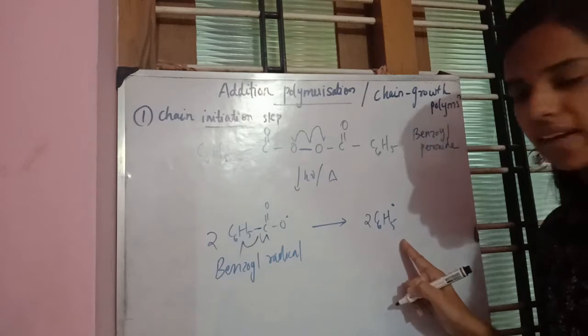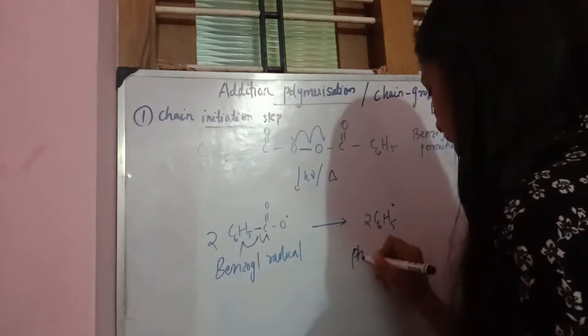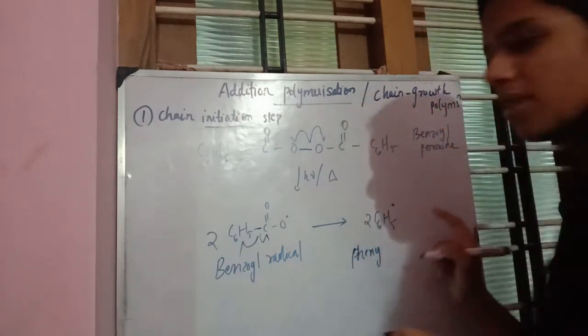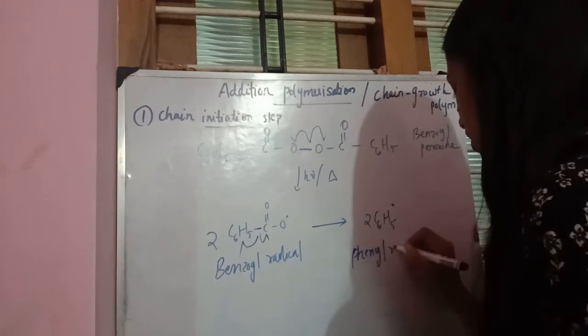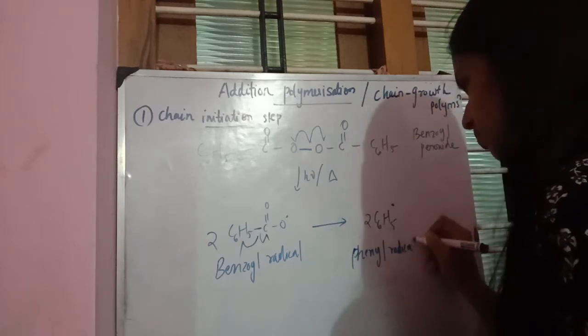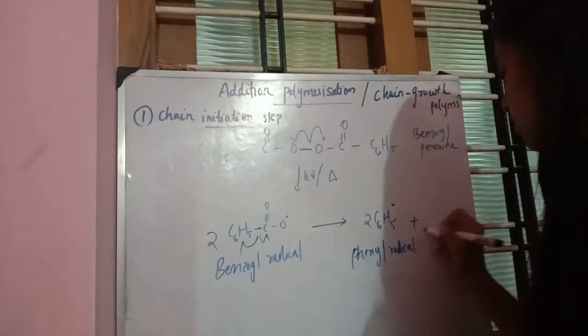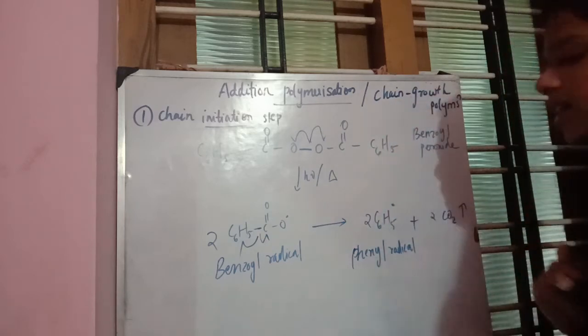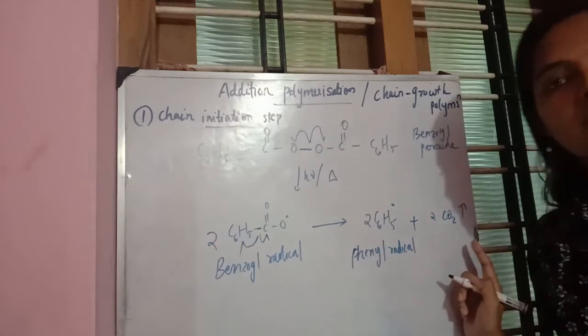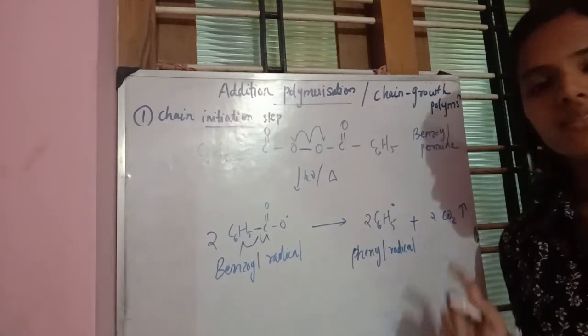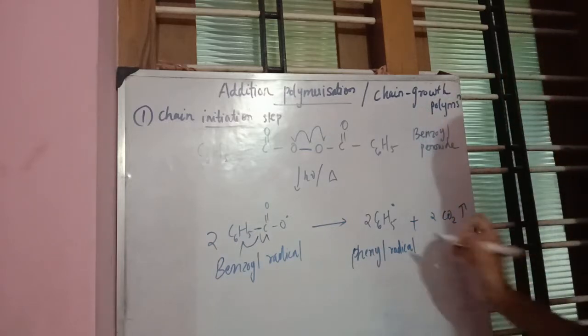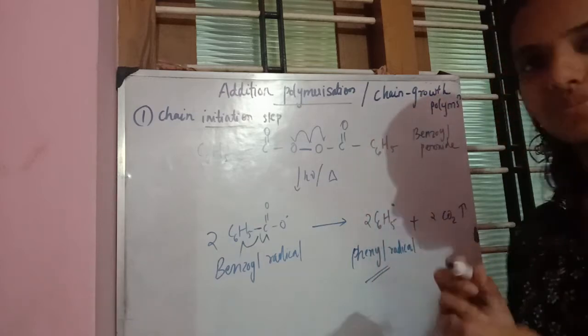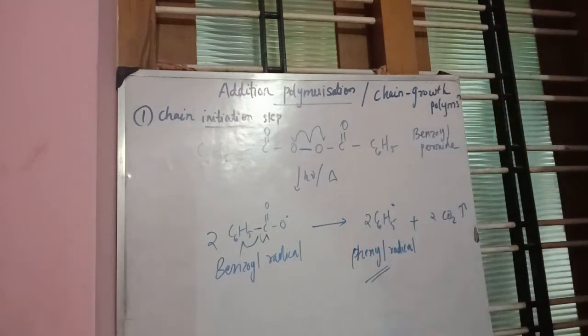What is C6H5? It is phenyl, so these are phenyl radicals, and 2 moles of carbon dioxide gas are evolved. Okay, and what we want is this phenyl radical. Note it down.